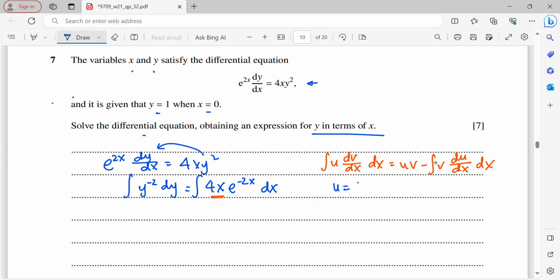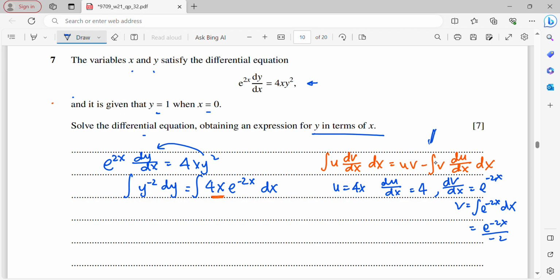So the u is 4x. That means your du dx, okay, alright, du dx is 4. Then dv dx equals to exponential negative 2x. Then the v is to integrate exponential negative 2x. Then you will be getting e to the negative 2x over negative 2.